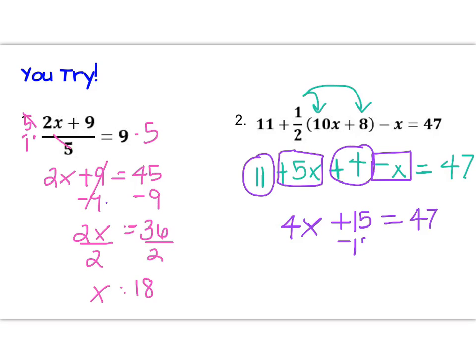Subtract 15 on both sides. Bring down our 4x. And that is going to equal 32. Divide both sides by 4. And you should have gotten x equals 8.